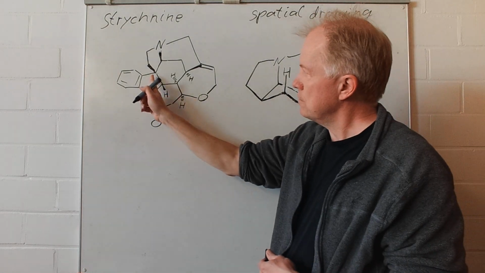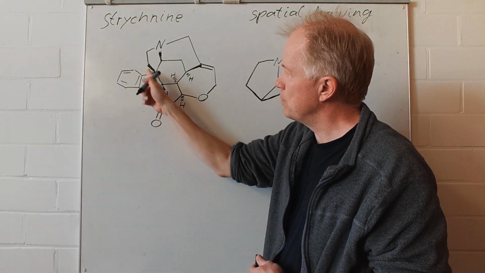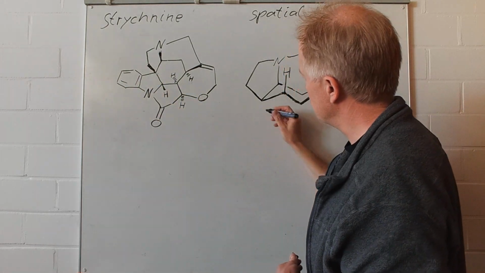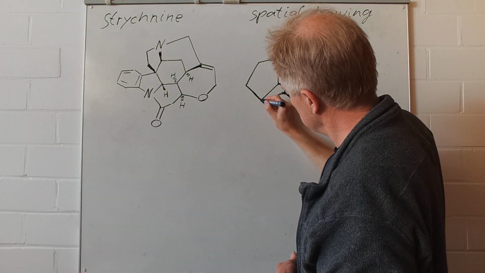So then we can draw that benzene ring. The benzene ring should be in axial position down here.